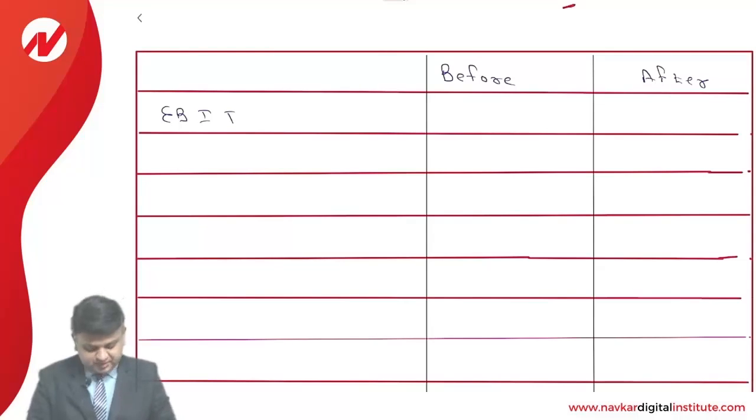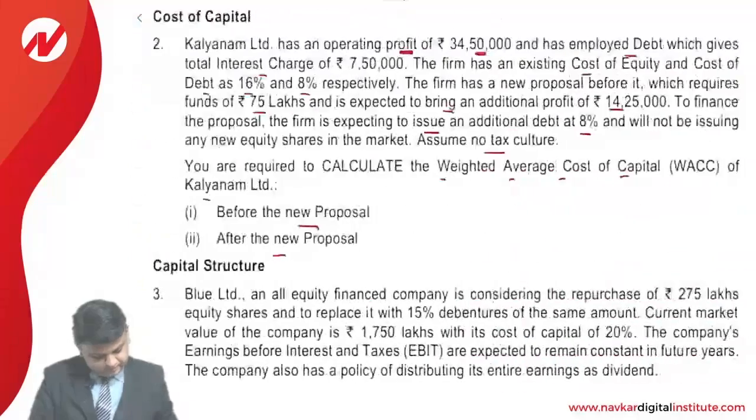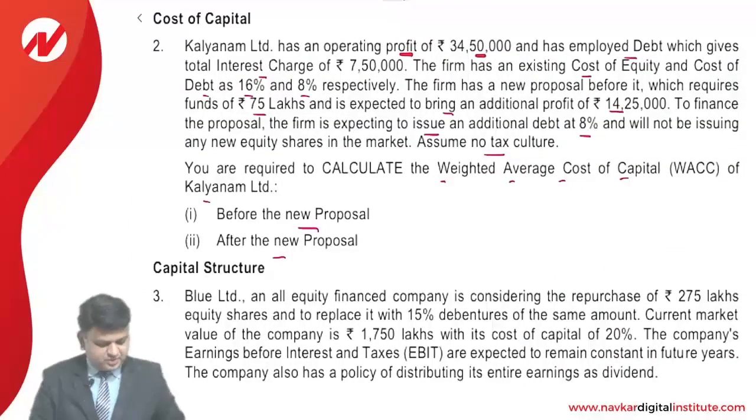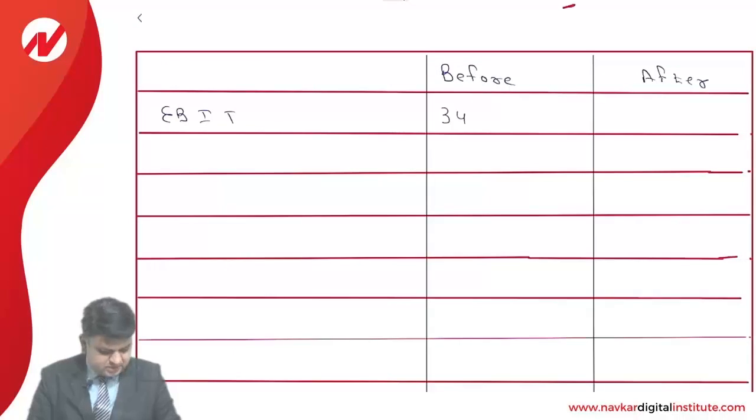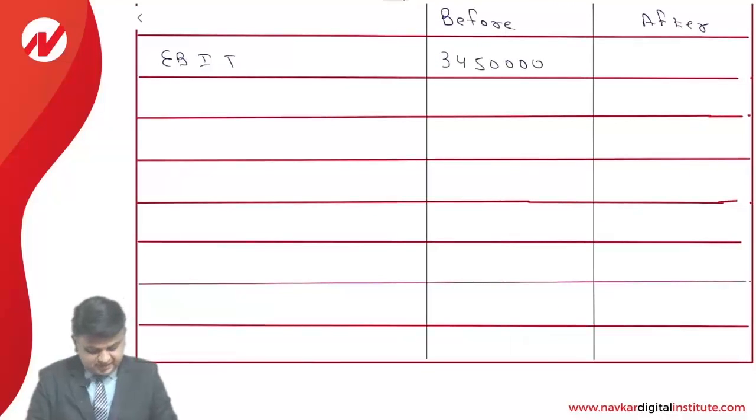We can start with the operating income. K Limited has an operating income of 34,50,000 and has capital employed which gives a total interest charge of 7,50,000. This is 34,50,000. Interest is 7,50,000.